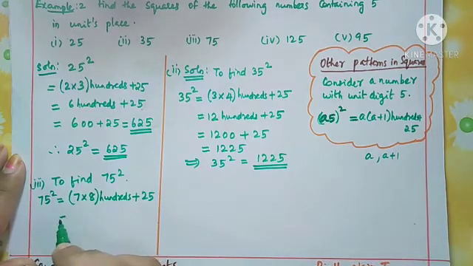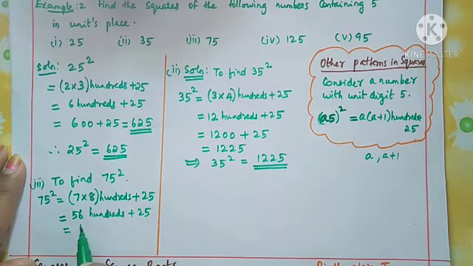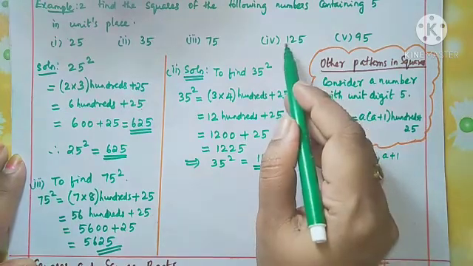Now multiply. What is 7 into 8? 56. Hundreds plus 25. That is 56, 2 zeros plus 25. When 2 zeros are coming at the last, 25 is added. So 5625.